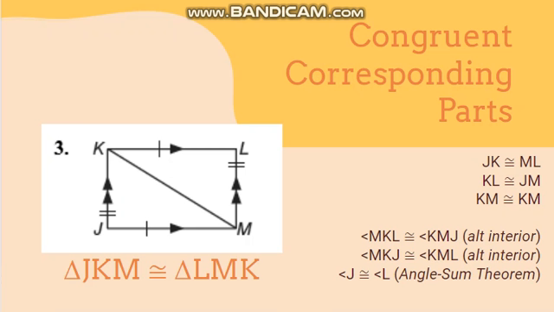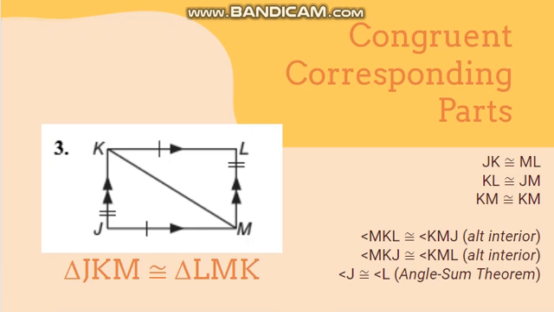MKL and KMJ are alternate interior angles, so they are congruent. MKJ and KML are also a pair of alternate interior angles, so we know that they are congruent.